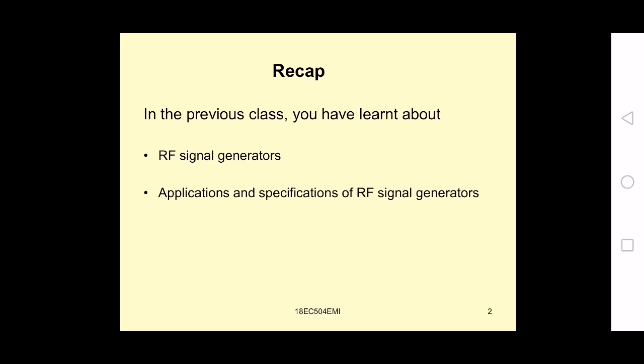After amplification, the signal from the oscillator and amplifier is given to the calibrated attenuator, which will further amplify and attenuate the signal level to limit the amplitude and get the distortion-less signal that is displayed on the output level meter.